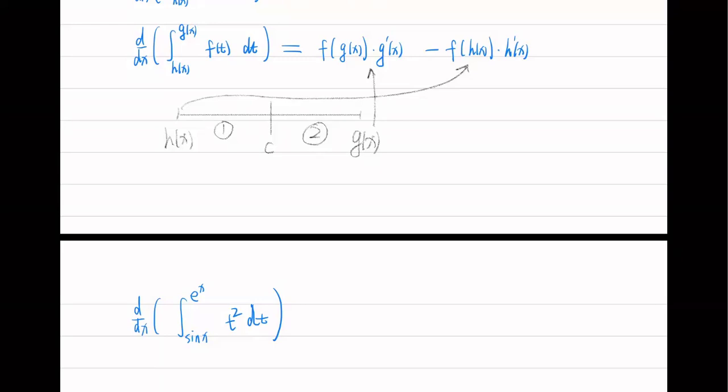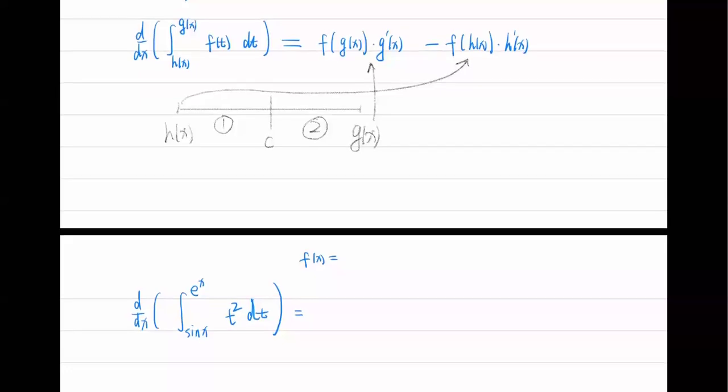Okay. Sophia, where do we start? f of g of x. So in this case, what is f? f is t squared. T squared, but now we use x variable, so we use this.